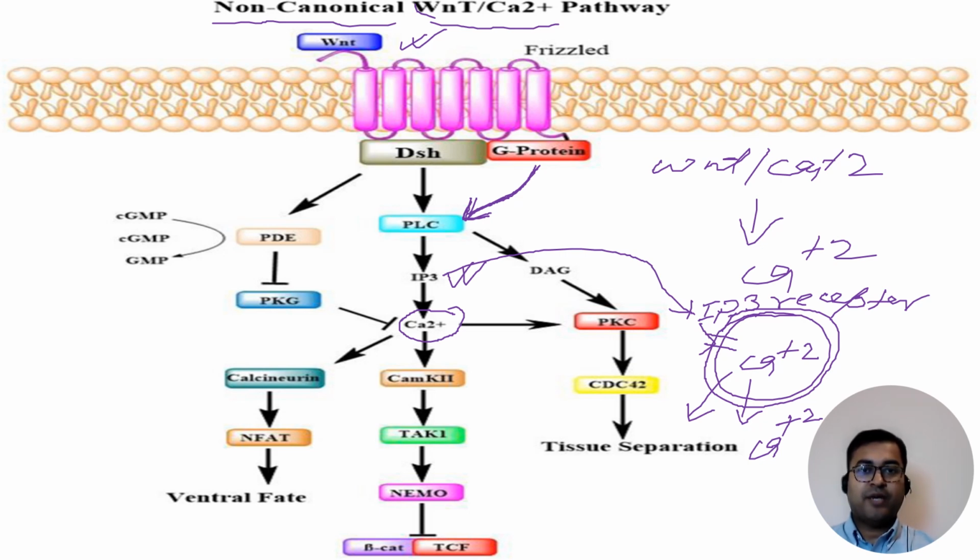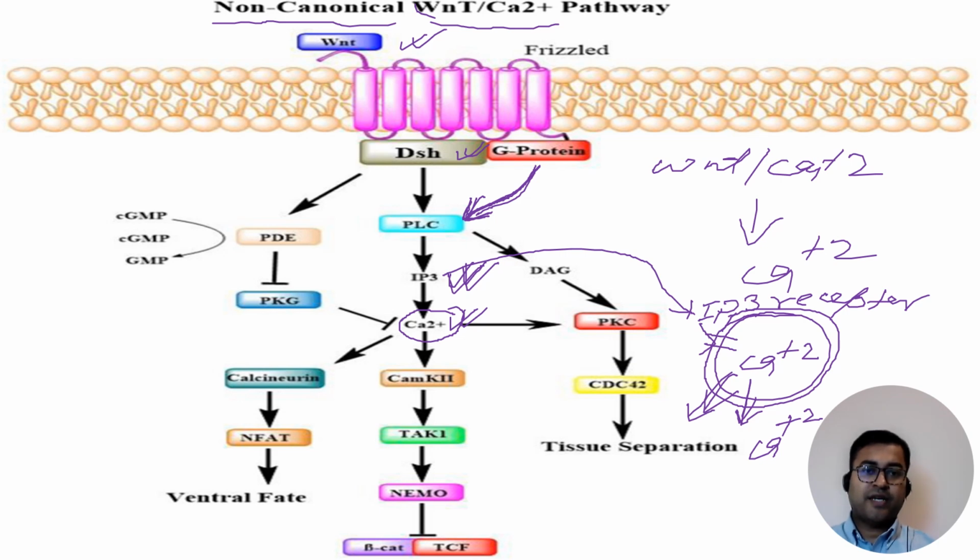So the Wnt ligand will bind to the Frizzled receptor. This activates Disheveled protein, and there is a G protein mediated activation of phospholipase C. Phospholipase C is going to activate IP3, and IP3 will mediate the release of calcium ion into the cytoplasm.